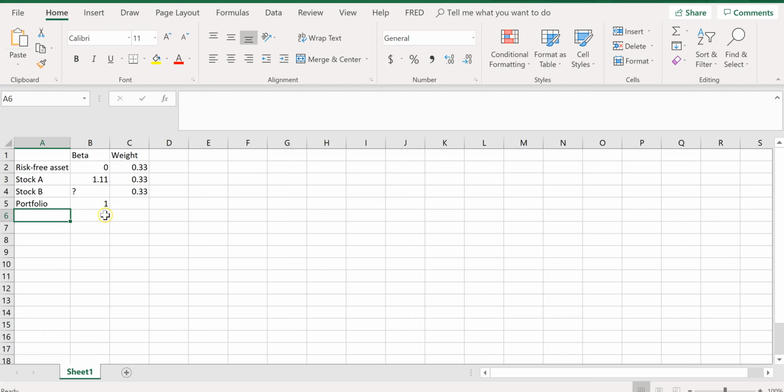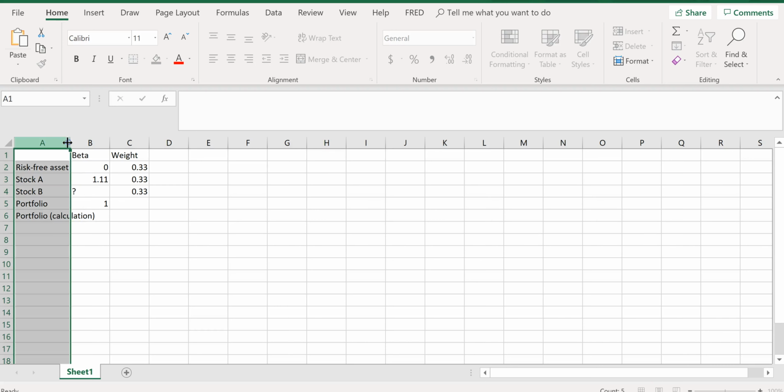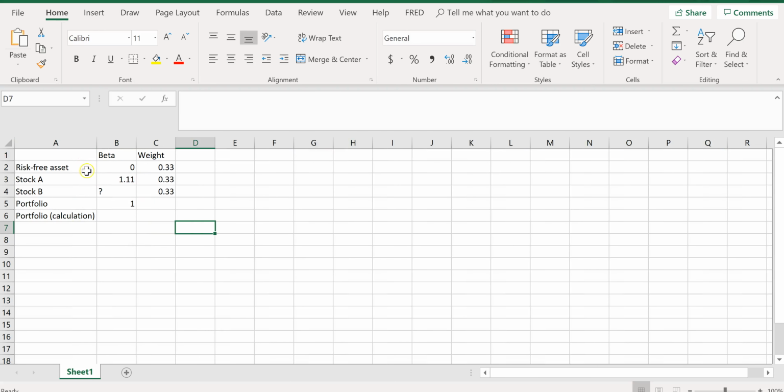We know the portfolio beta here is 1, but let me get this from the calculation rather than as provided, because we know how to calculate the portfolio beta.